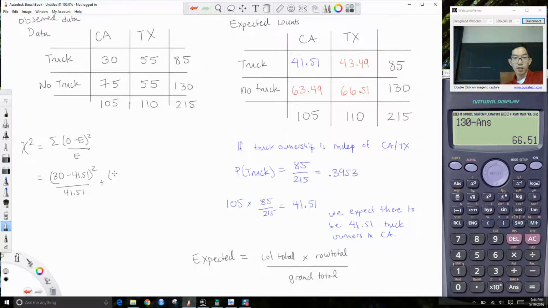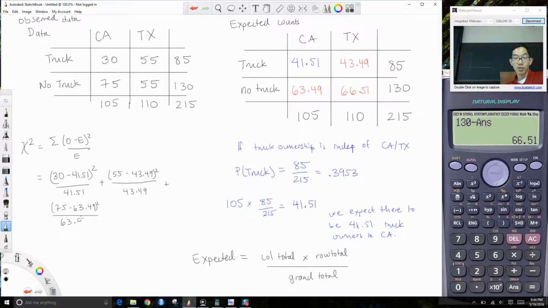Okay, so I observed 55, I subtract off 43.49, I square that, and I divide by 43.49. And all of these will end up having the same numerator because this table has only 1 degree of freedom. That's just one of the nice things that works out. But the denominators are all different.